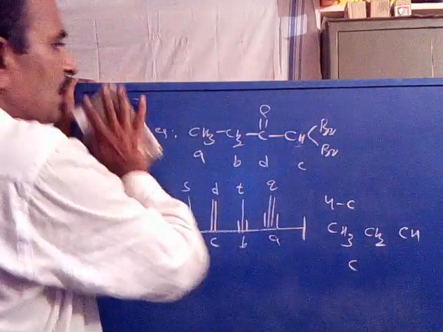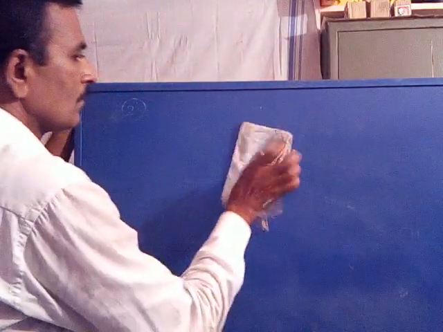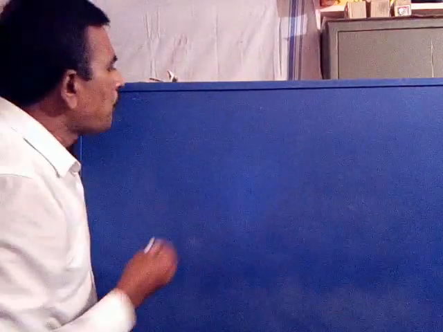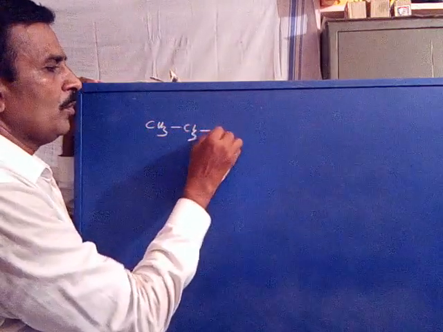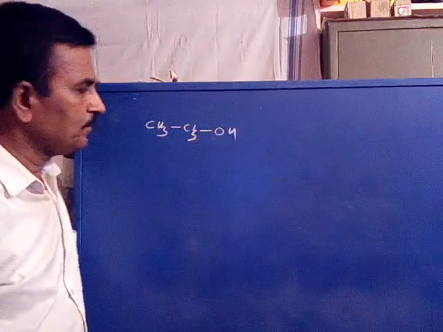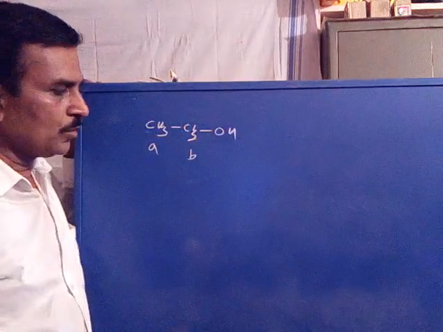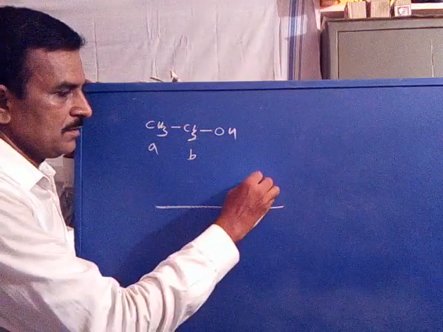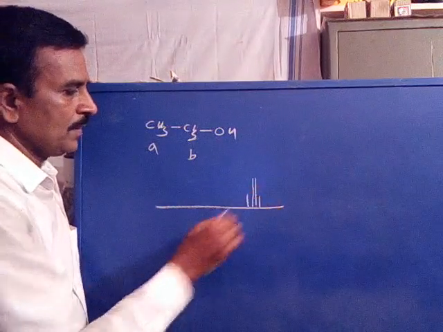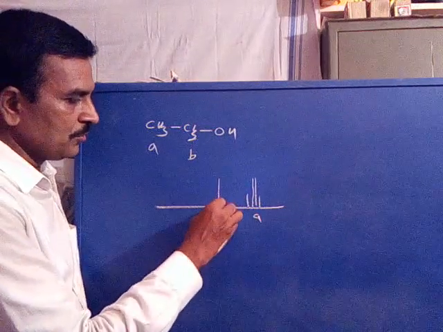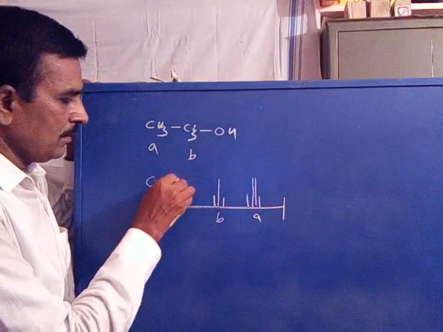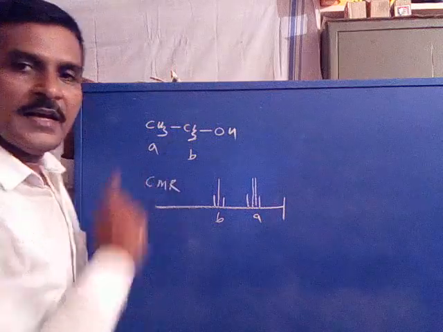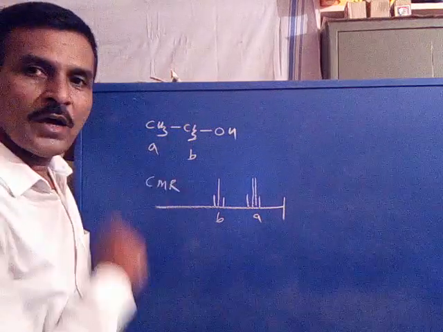Let us discuss another example. Now you take CH3, CH2, OH, ethyl alcohol, A carbon, B carbon, so that there are 2 signals, one for the CH3 carbon, that is A, one for the CH2 carbon, that is B. This is the C13 NMR spectrum, the CMR spectrum of ethyl alcohol, where there are 2 carbons.